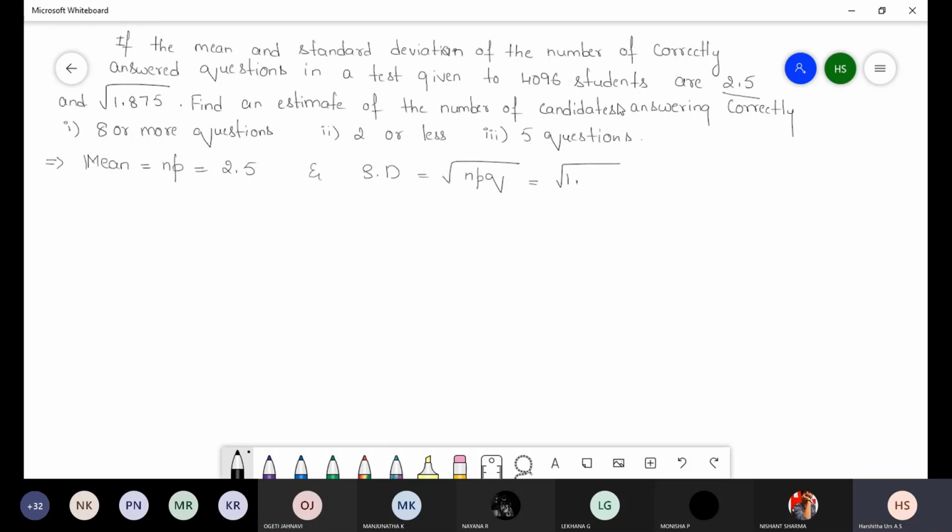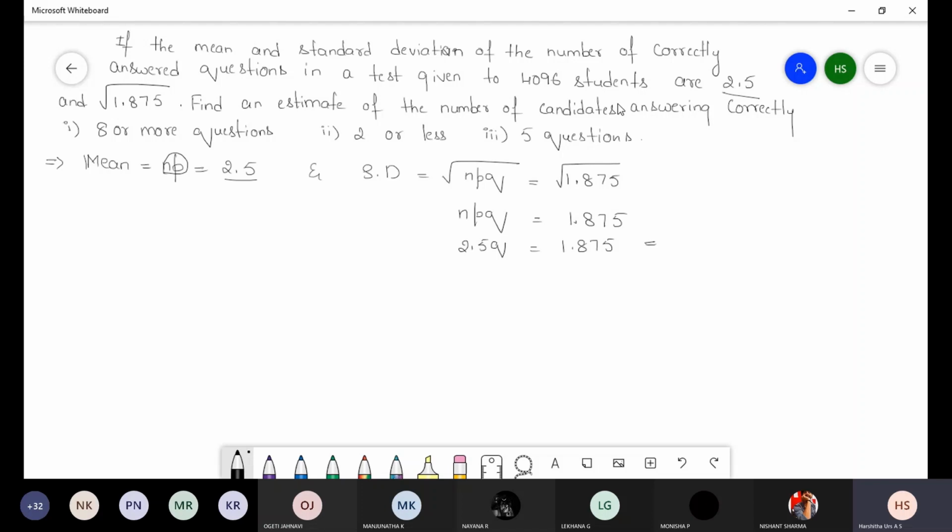So root of 1.875. Squaring on both sides, NPQ is equal to 1.875. But we know the NP value is 2.5. So 2.5Q is equal to 1.875.